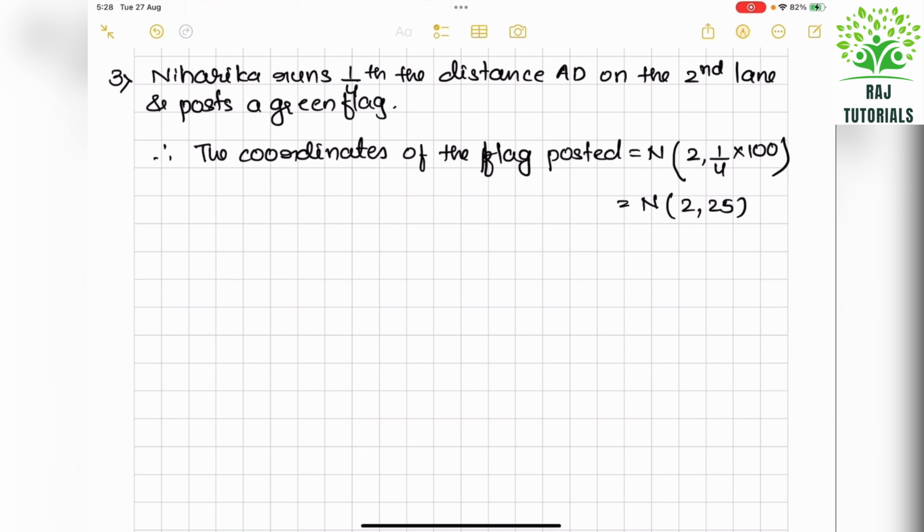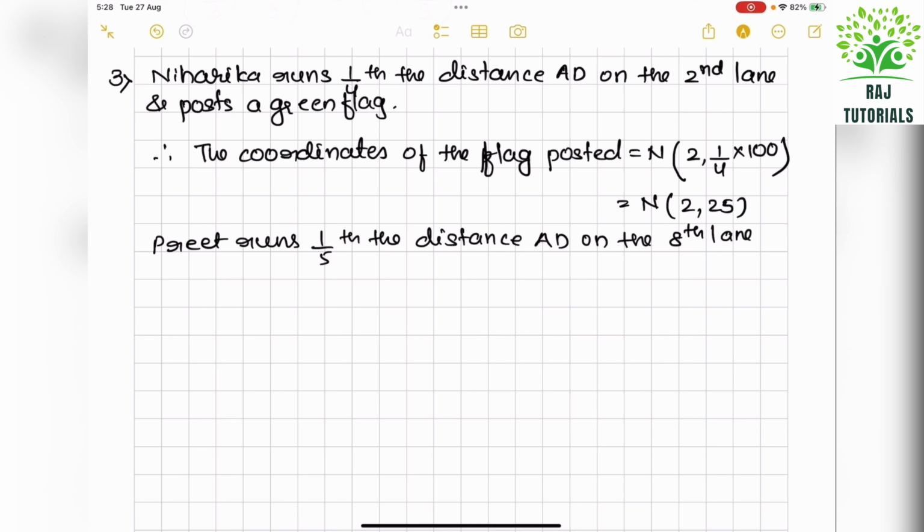Then Preeti runs 1/5 the distance AD on the 8th lane and posts a red flag.